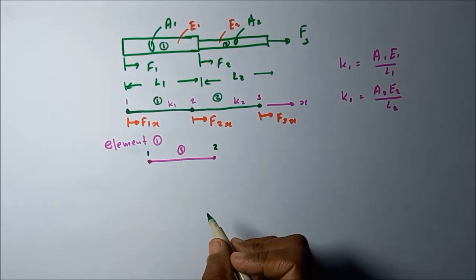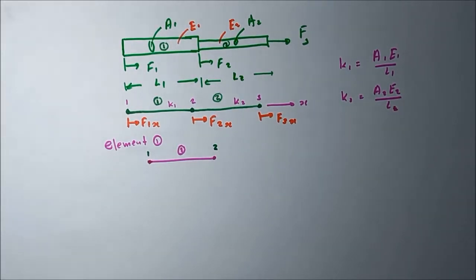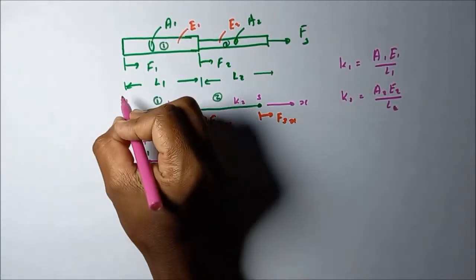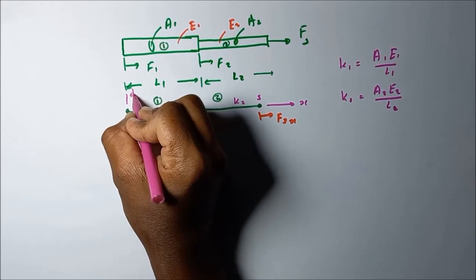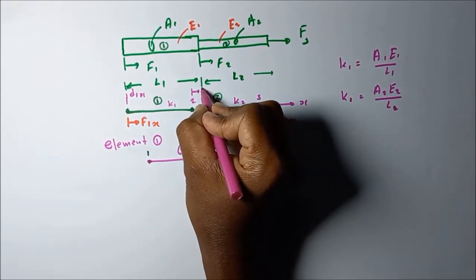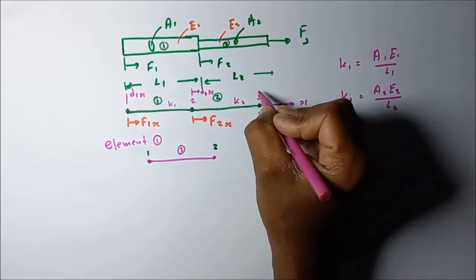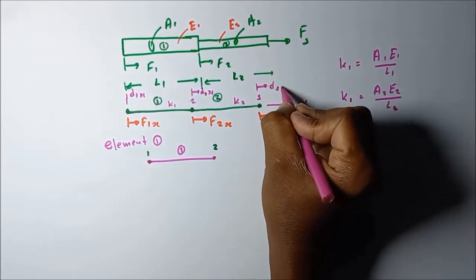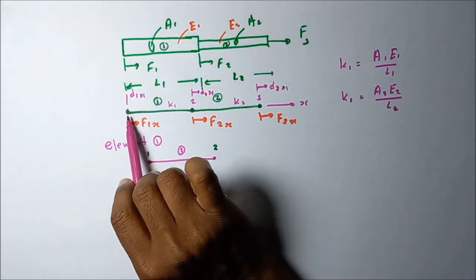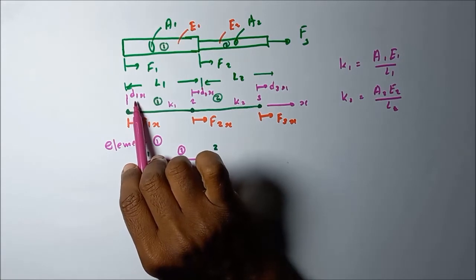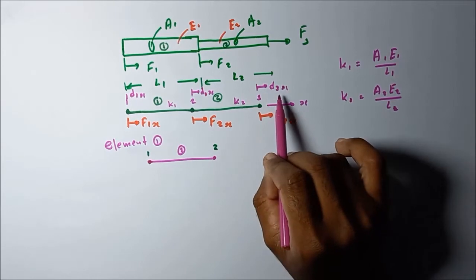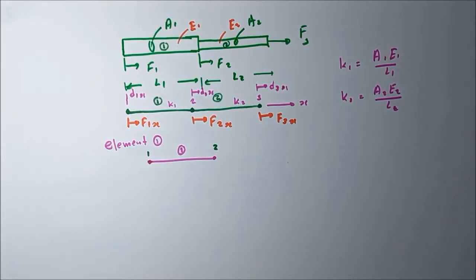In this model, the displacements also have to be represented in this diagram. The nodal displacement at node 1 is d1x, the nodal displacement at node 2 is d2x, and the nodal displacement at node 3 is d3x.